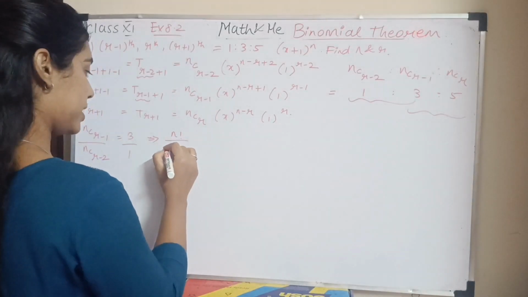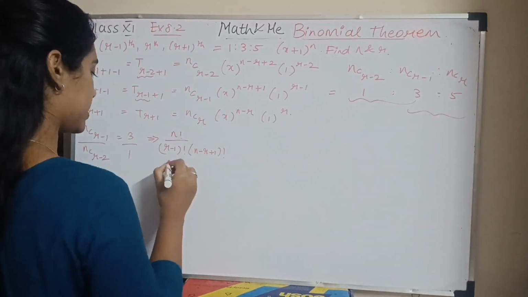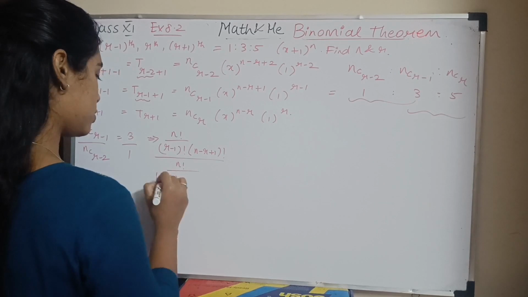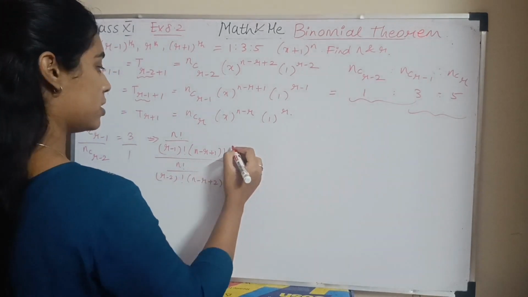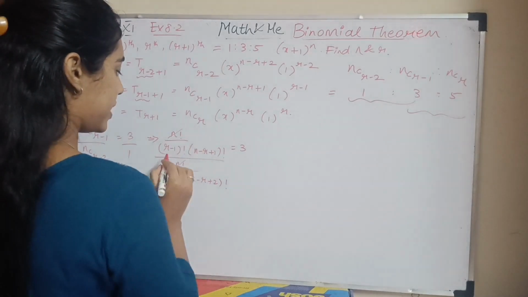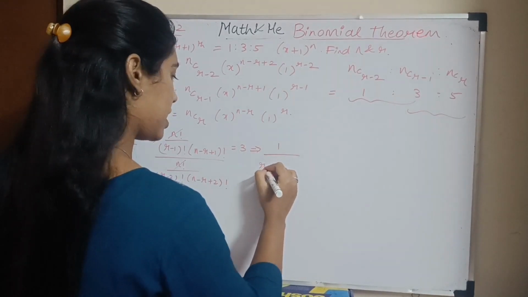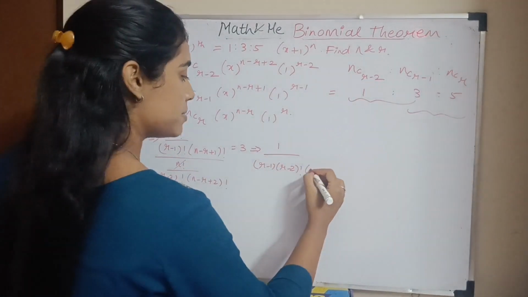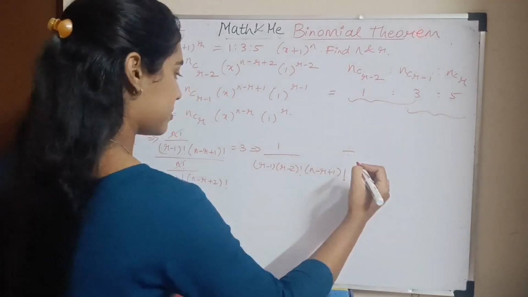What is nCr minus 1? n factorial divided by (r minus 1) factorial times (n minus r plus 1) factorial, the whole divided by n factorial divided by (r minus 2) factorial times (n minus r plus 2) factorial, which is 3. So I cancel the n factorial and the n factorial. Now I can write (r minus 1) factorial as (r minus 1) times (r minus 2) factorial.